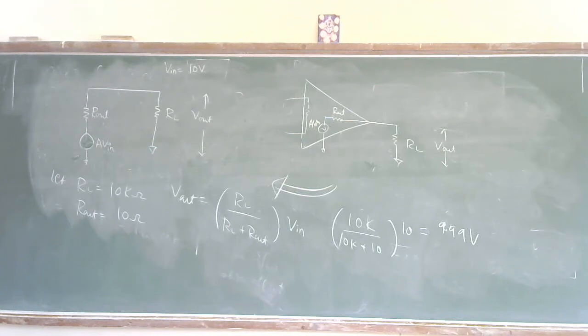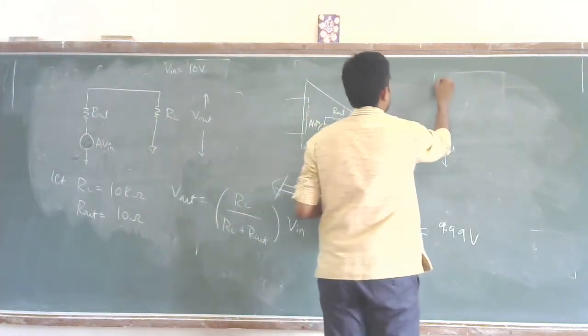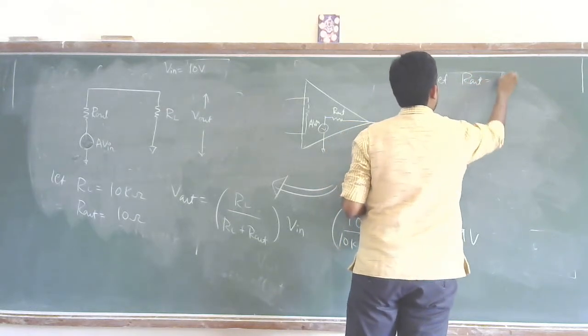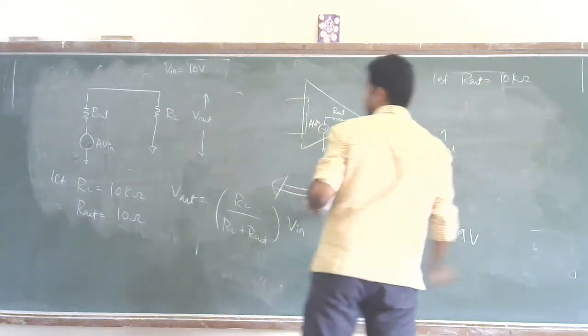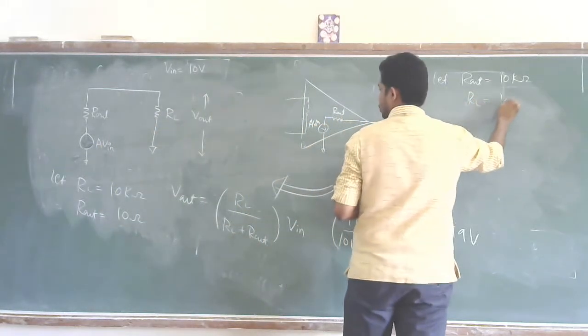Now let us try to change some component, like let's try to change the output resistance from 10 ohm to 10 kilo ohm. Now the second case is that Rout will be 10 kilo ohm instead of 10 ohm, and RL will be 10 kilo ohm because I am not going to change the RL.